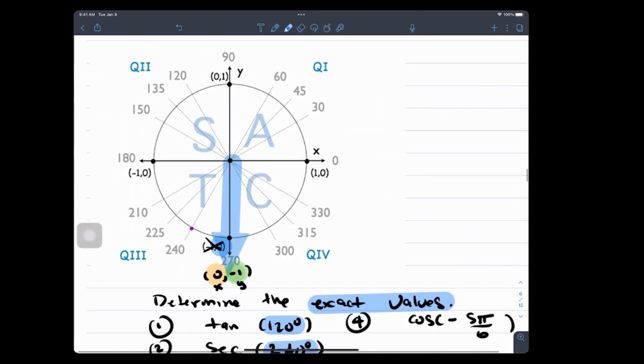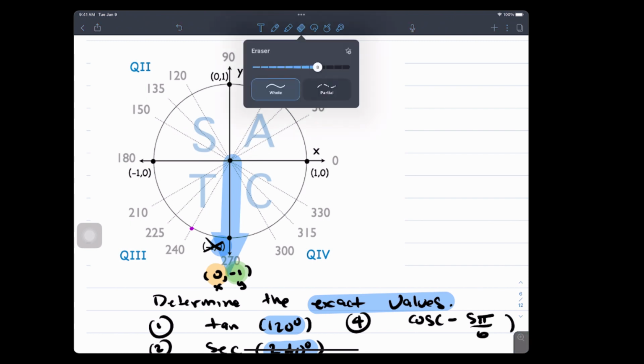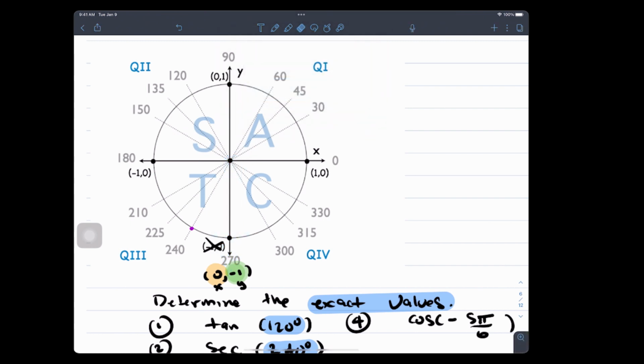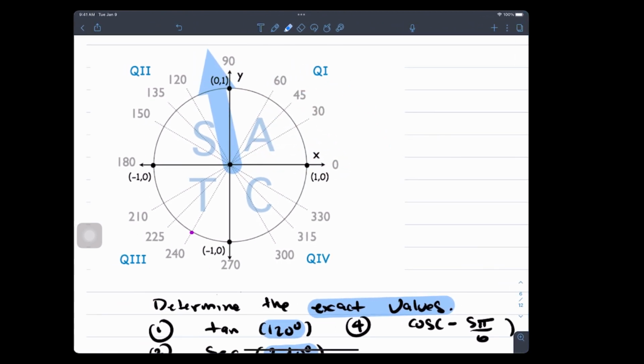Is that the second quadrant? What do you know about the second quadrant here?